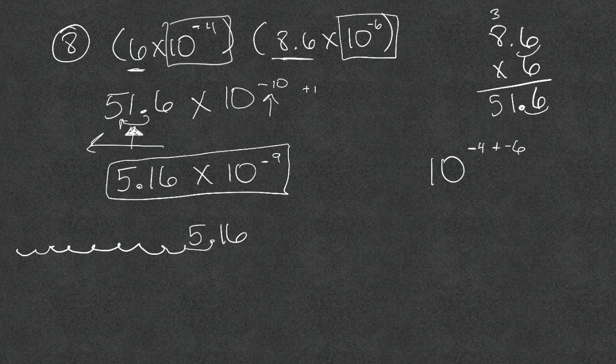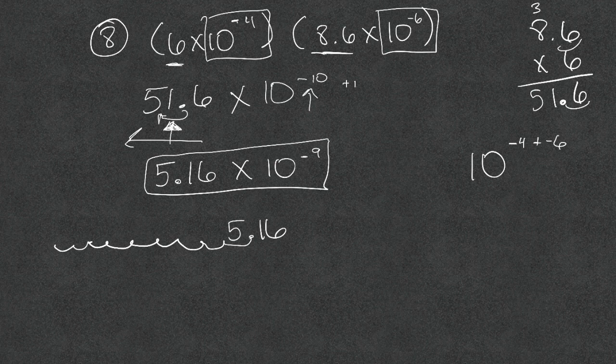Okay, and that's where your decimal goes. Okay, so there's the decimal. 2, 3, 4, 5, 6, 7, 8, and then the 5. Yep, that's the number. Isn't it so much better to write it this way?